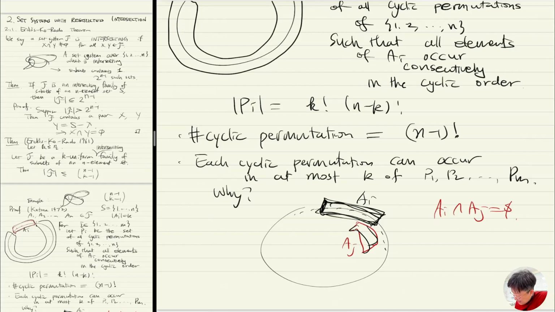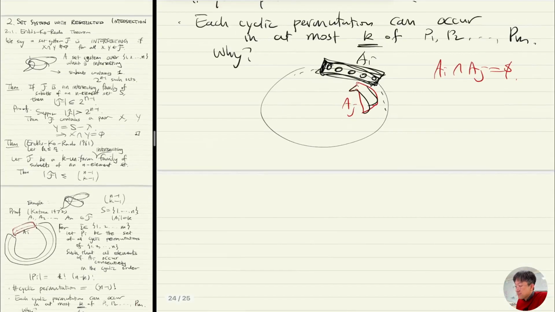Then the starting place for Aj should be one of these members, right? So that's why you can have at most k indices where Pj contains this particular cyclic permutation.